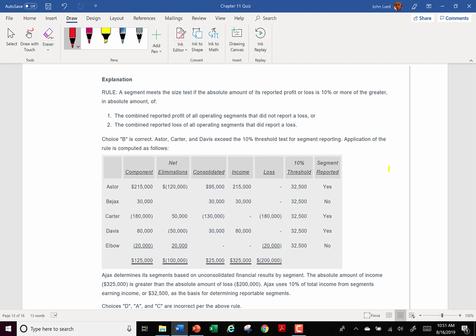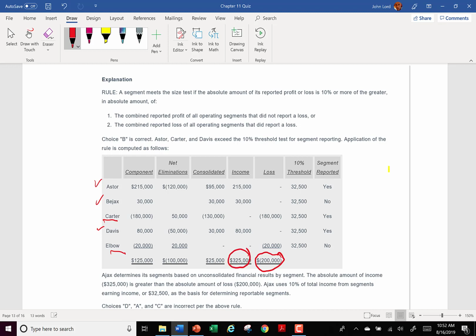Okay, we take all the loss segments. So Carter had a loss and Elbow had a loss. Well, the total of their losses is 200,000. Then we take all the profitable ones, Astor, B-Jax, who else? Davis had a profit, right? Okay, so we take those, add them all together.